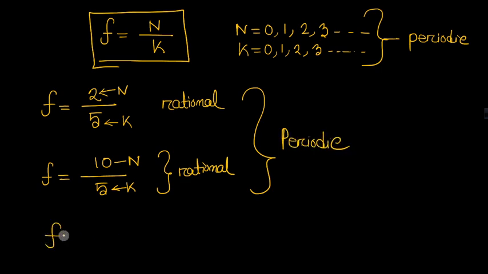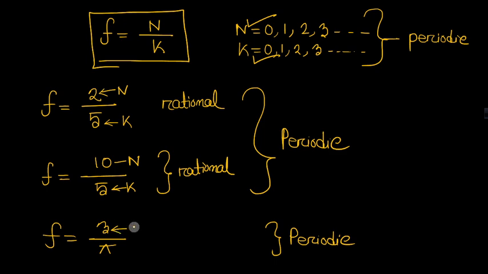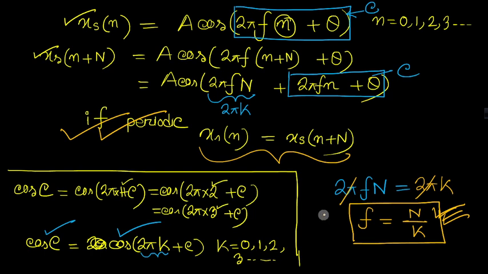But if f is equal to, let's say, 3 divided by pi, this signal is not periodic. Why? Because our condition is that both numbers should be integers. Here f is equal to k divided by n.